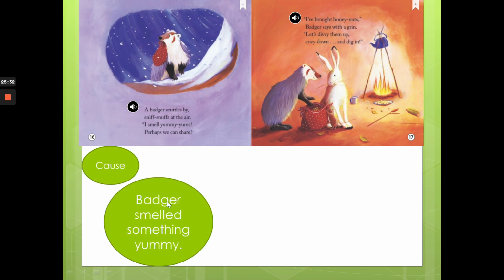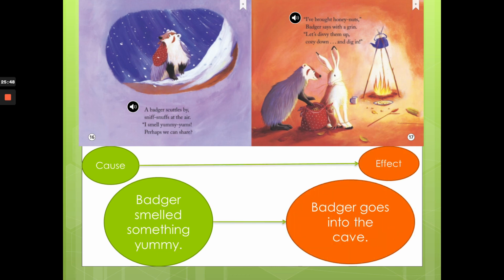So we know that our cause was that the badger smelled something yummy. And then as a result, or as an effect, because Badger smelled something yummy when he was outside, Badger then goes into the cave. And so that is our effect.